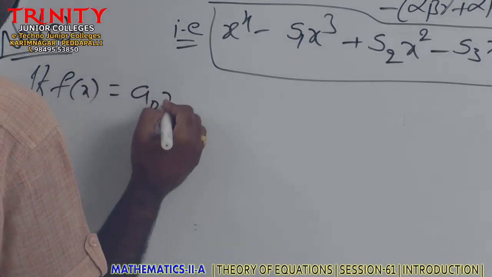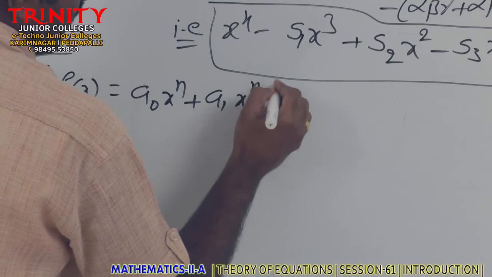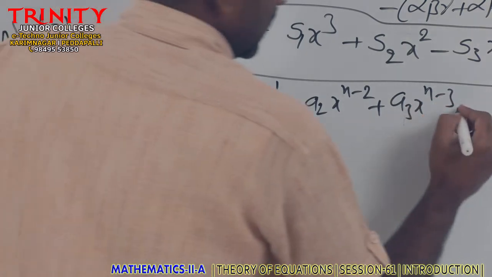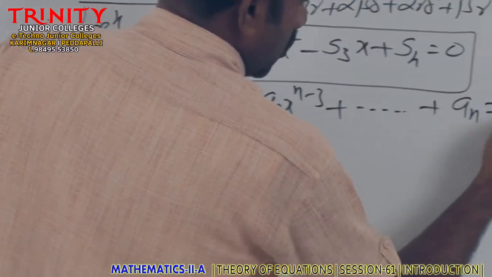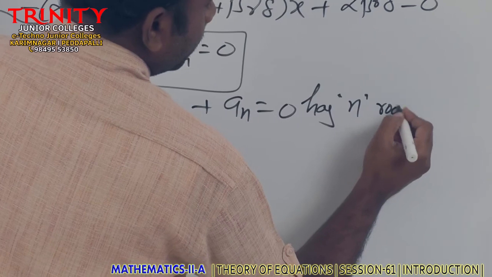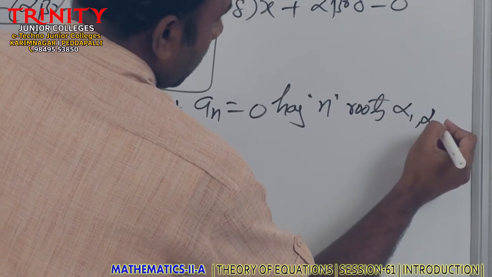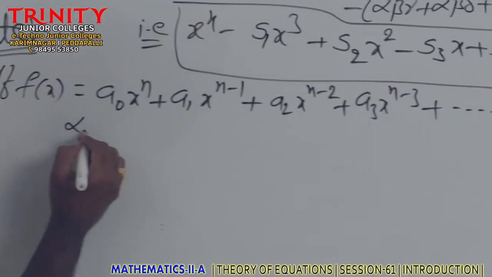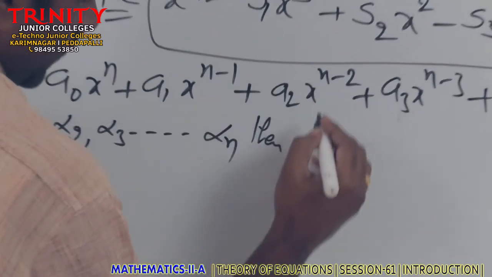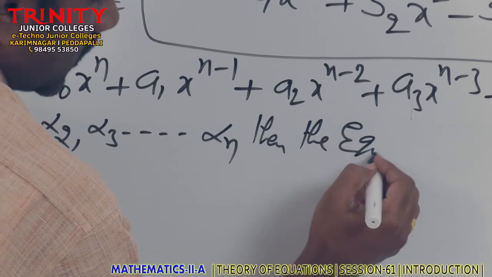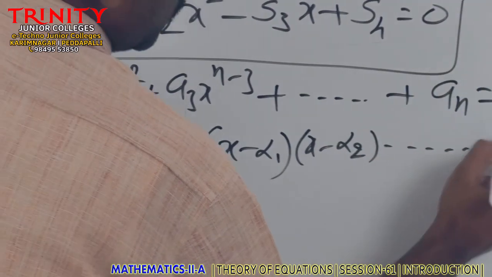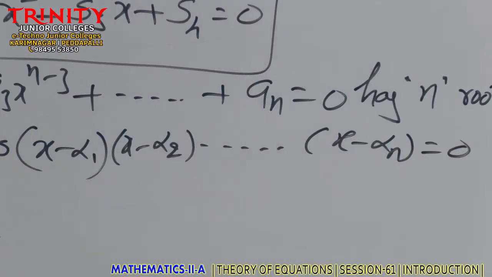If f of x is equal to a naught x power n plus a1 x power n minus 1 plus a2 x power n minus 2 plus a3 x power n minus 3 plus so on plus an is equal to 0 has n roots, alpha 1, alpha 2, alpha 3, so on alpha n, then the equation is x minus alpha 1 into x minus alpha 2 into so on x minus alpha n equal to 0.